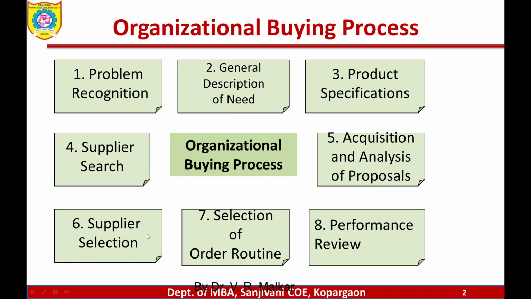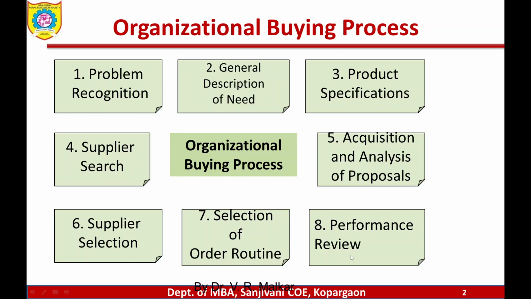On that basis supplier selection is done, then the purchase order is given to them, and then routine is followed. The goods are checked at delivery, and the performance is reviewed as per the expectations or not. From organization to organization, there are certain changes in the steps.